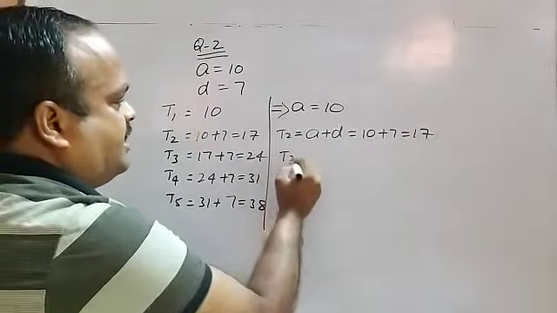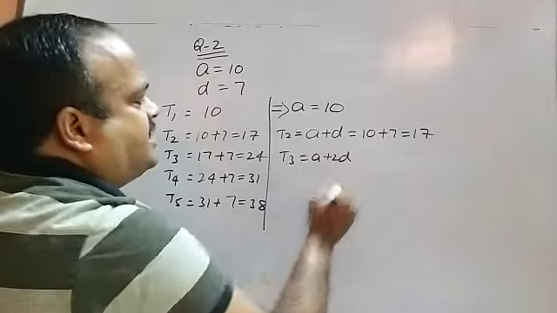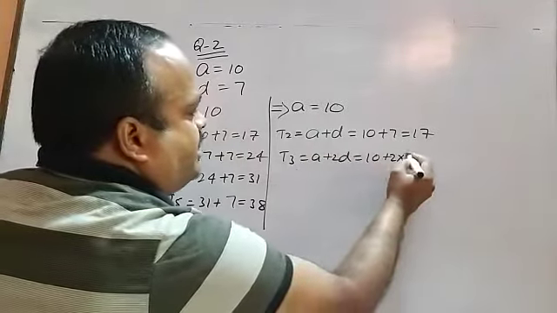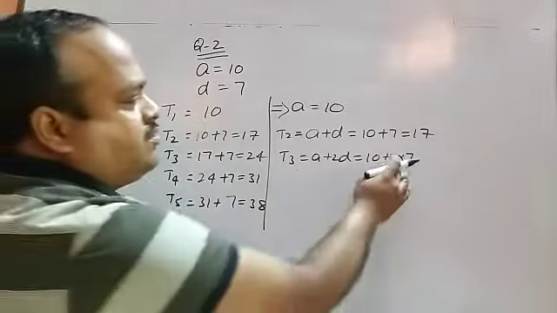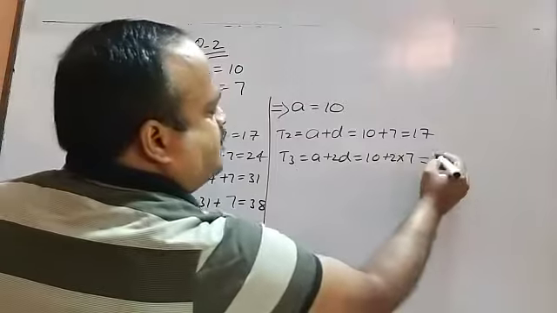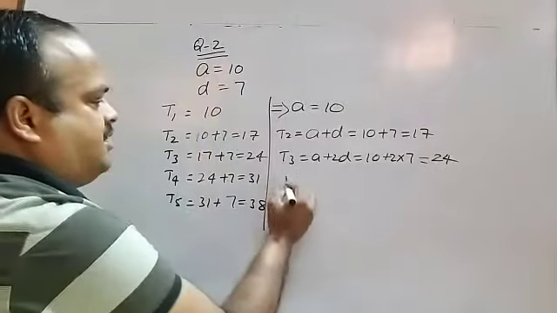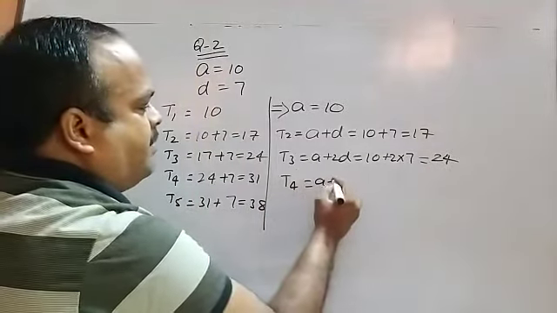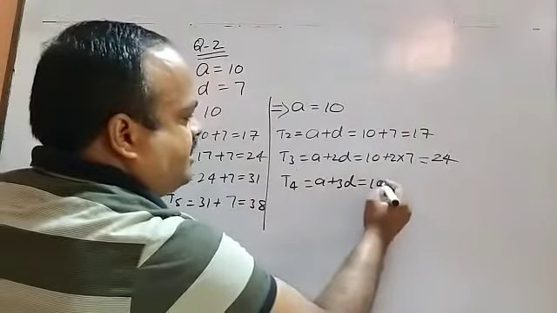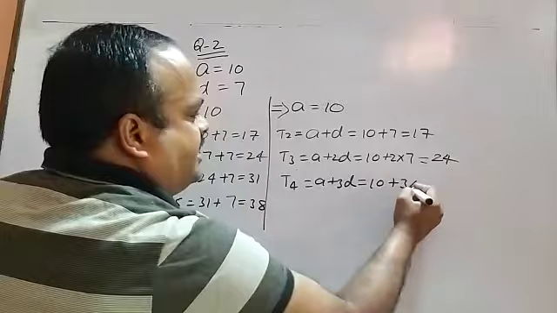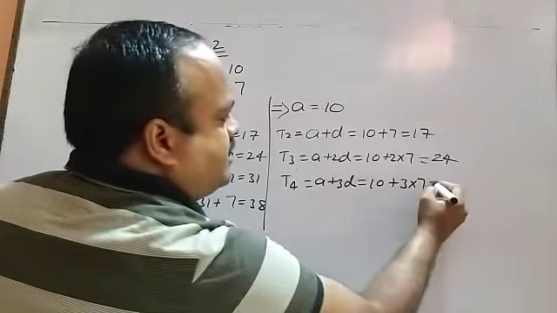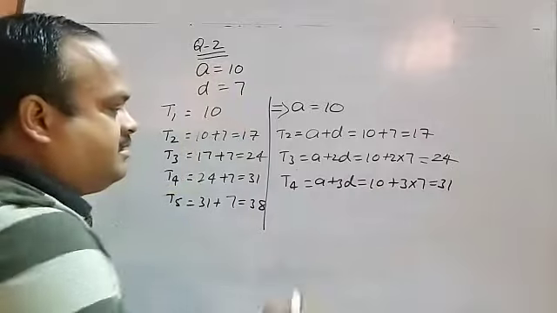T3, a plus 2d. a is 10, 2 into 7, 14, plus 10, 24. T4, a plus 3d. So a is 10 and d is 7. 7 threes are 21, 21 plus 10, 31.